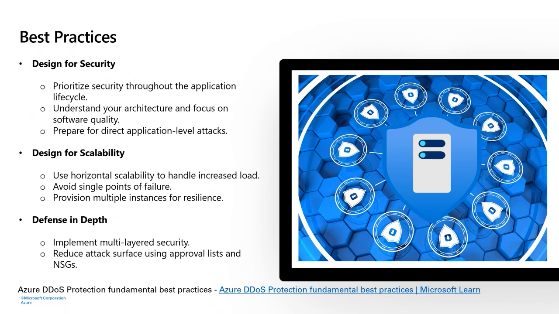And then, of course, I can go further and also use network security groups to further reduce the attack surface. So this is just a summarized version. Of course, you can always find more of these best practices that you can utilize for your DDoS response plan.